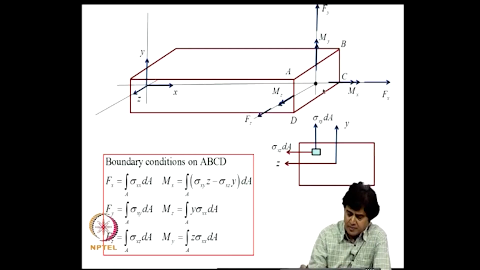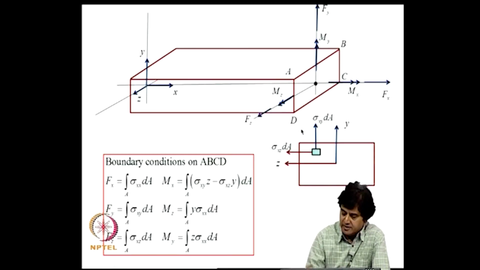If you consider a rectangular bar, on the face ABCD, suppose there are axial force Fx and a twisting moment Mx, and shear forces Fy and Fz, and bending moments My and Mz. We will just do the simple exercise of writing the boundary conditions on ABCD in terms of stresses that are acting on ABCD.